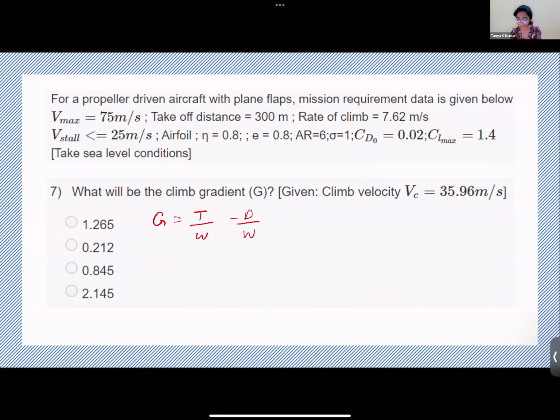So this is nothing but T minus D by W. It's related to rate of climb. So you have rate of climb by velocity of climb. Can you try finding out now? What will be G? Rate of climb is given to you, velocity of climb is given to you. What is the value?